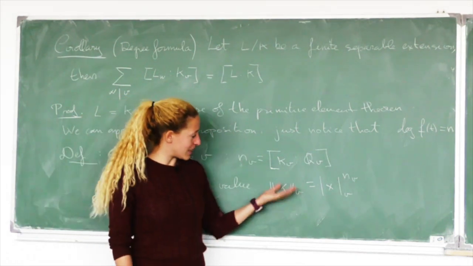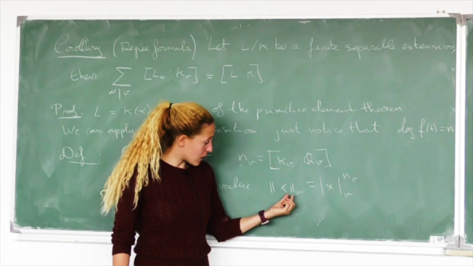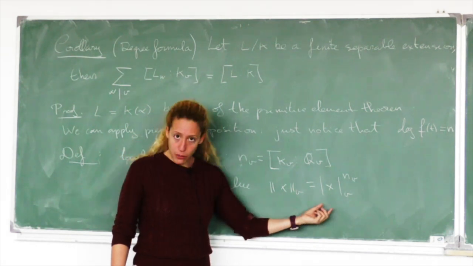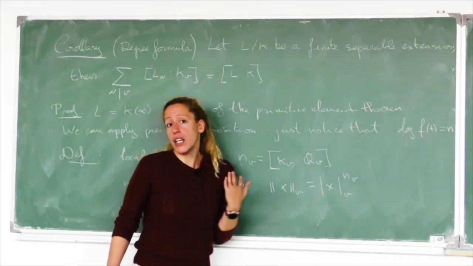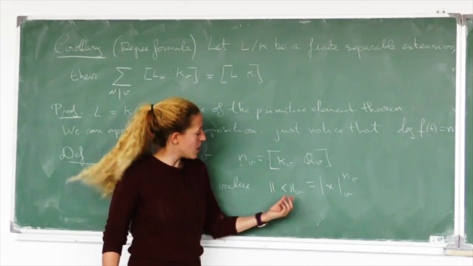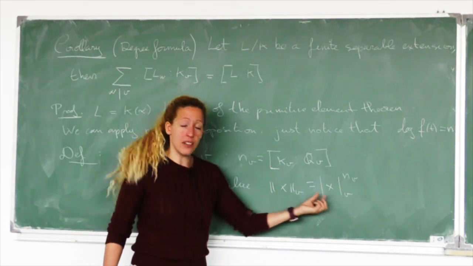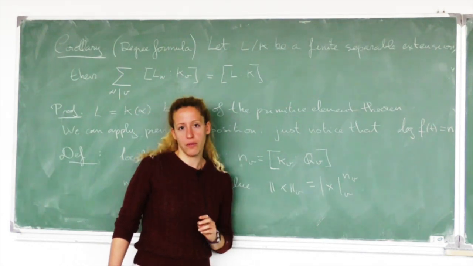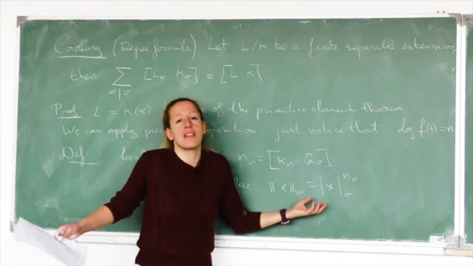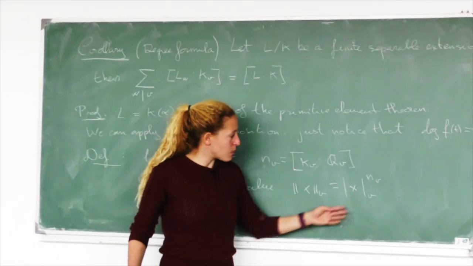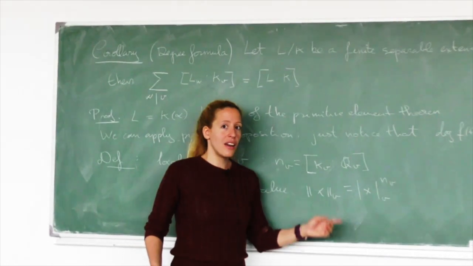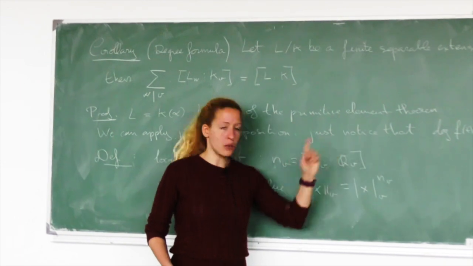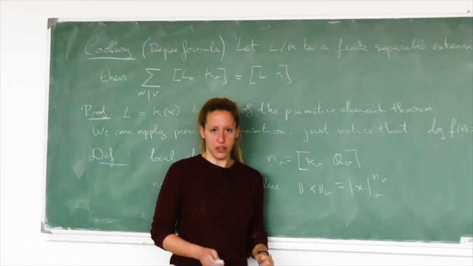Because we saw at the beginning of the course that two such absolute values are equivalent, they give the same topology, if and only if a relation like this is satisfied, that one is equal to the other to some exponent. So those two are actually the same one. I'm just normalizing by using this exponent, because of one reason, that is the statement of the theorem that I'm going to state now, okay?